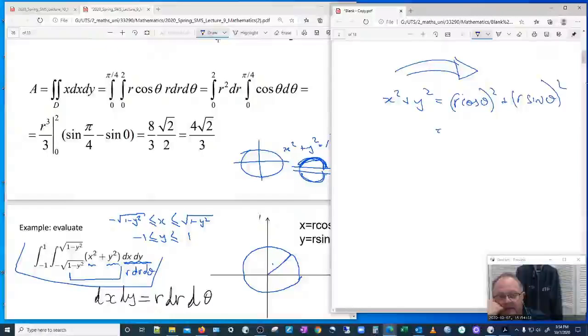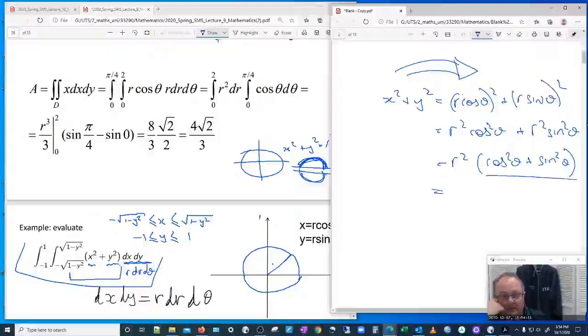We know that that's going to be r squared cos squared theta plus r squared sine squared theta. We can take the r squared out together: r squared times cos squared theta plus sine squared theta.